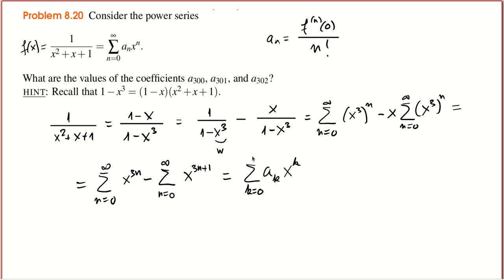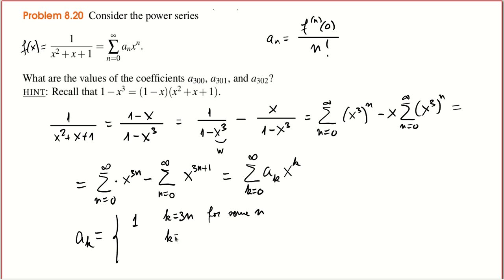What we have is the following. a_k is equal to 1 if k is a multiple of 3, k = 3n for some n, the coefficient being the coefficient of this, which is 1.